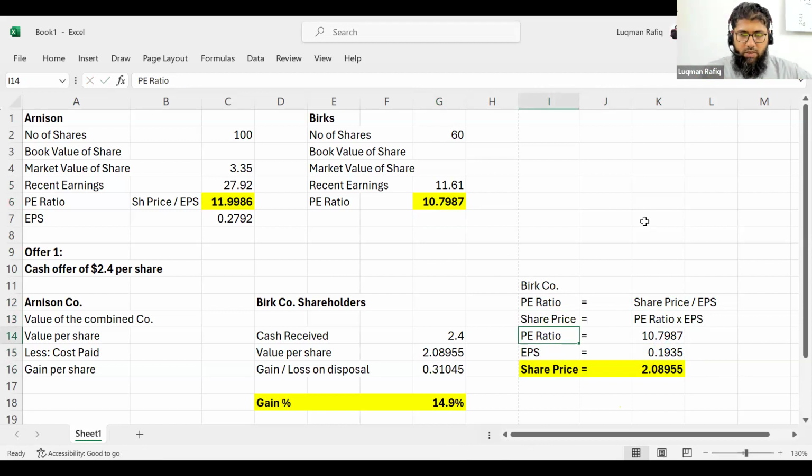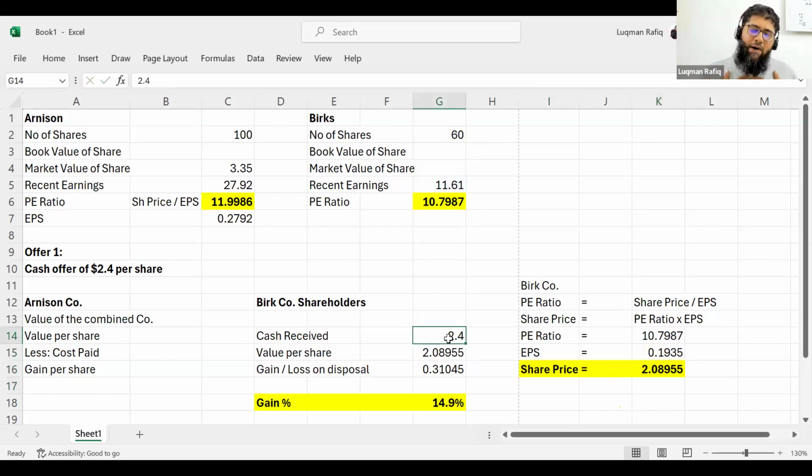The PE ratio is given from this scenario, coming in from here. The EPS we have to calculate. EPS means earnings per share: the profit divided by the number of shares. So we get this EPS. The share price is calculated as PE ratio multiplied by EPS. We got 2.09 as the share price.